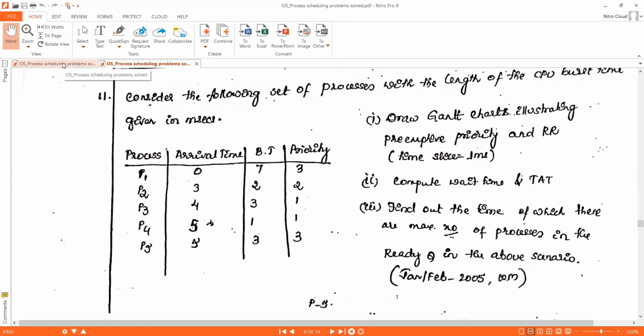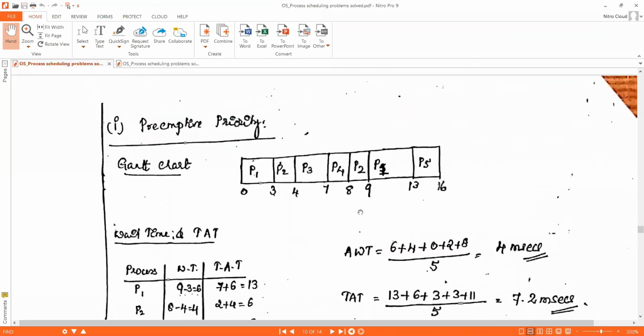Process 1 will execute its remaining burst time of 4 milliseconds in the CPU, until clock time 13 milliseconds.